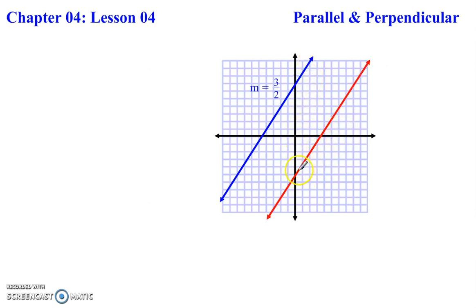We can check the slope of this line. Up 1, 2, 3 over 2. These two lines are parallel, and notice this slope is the same. Up 3 over 2. So parallel lines have identical slopes.